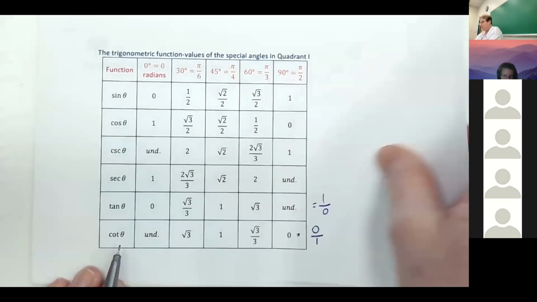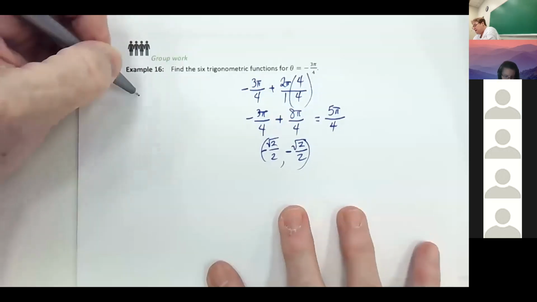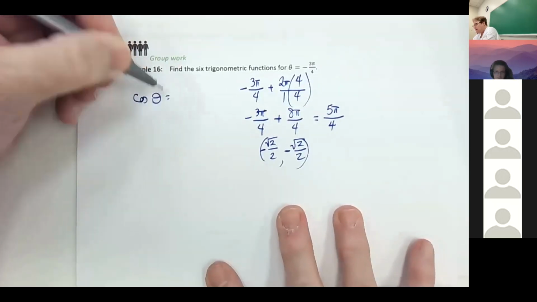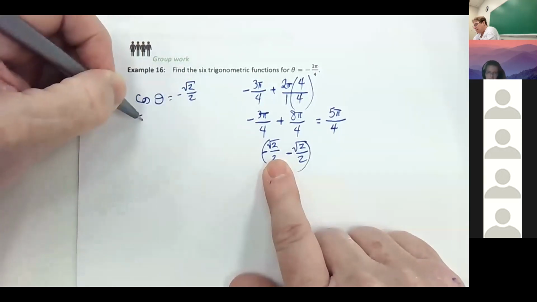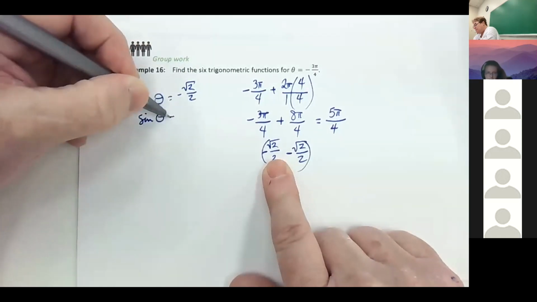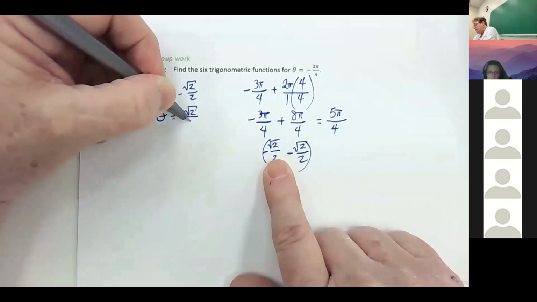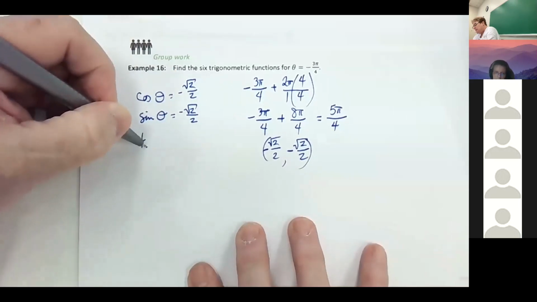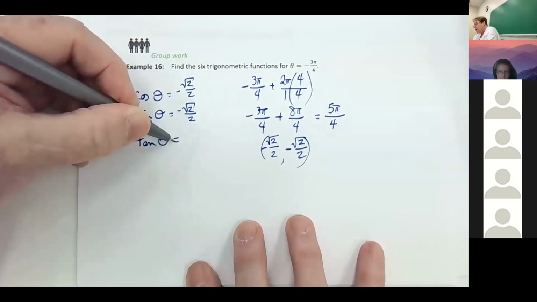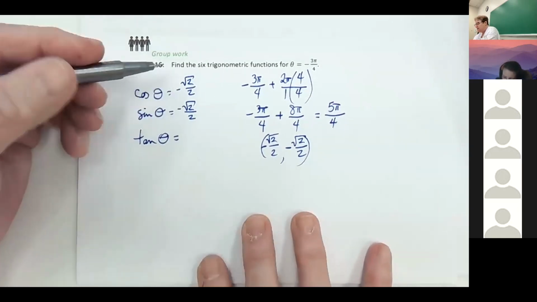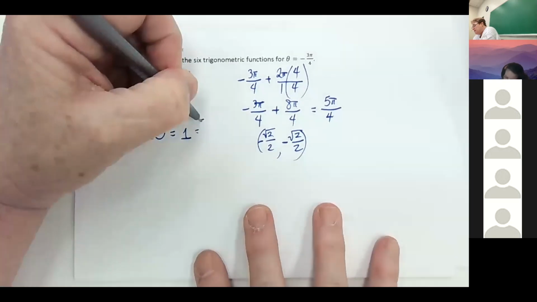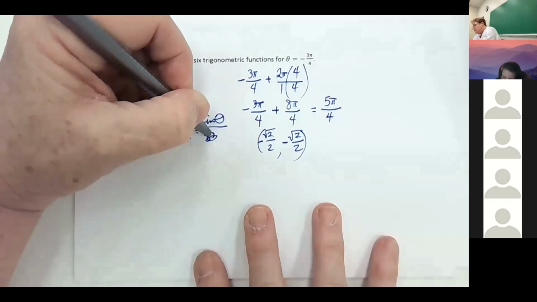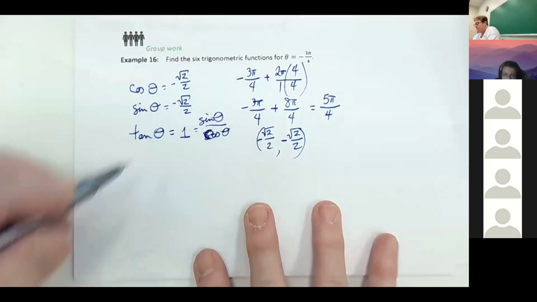So the whole list: the cosine of this theta is negative square root of 2 over 2. The sine of theta is negative square root of 2 over 2. The tangent of theta, if the numbers are exactly the same, is 1 because we're taking sine theta and dividing by cosine theta.